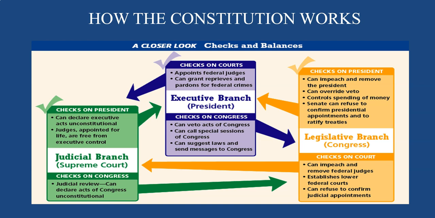They can also make sure that the president does not get way too powerful. They can control this by restricting the president, for example, on things that have to do with spending money. Also, the Senate can refuse to confirm presidential appointments and to ratify treaties.